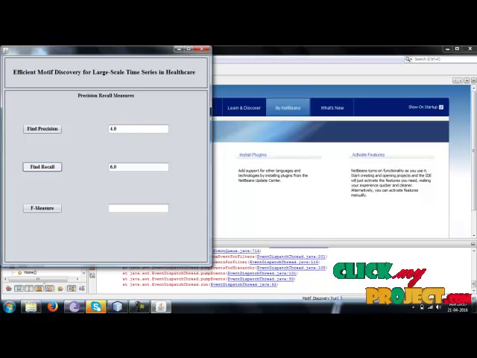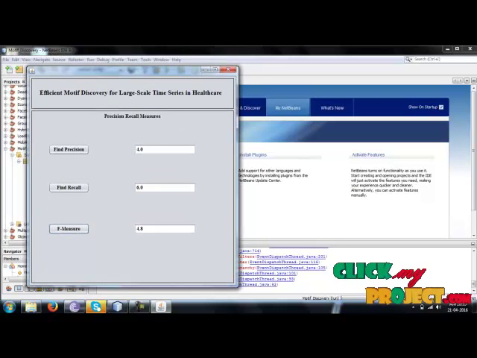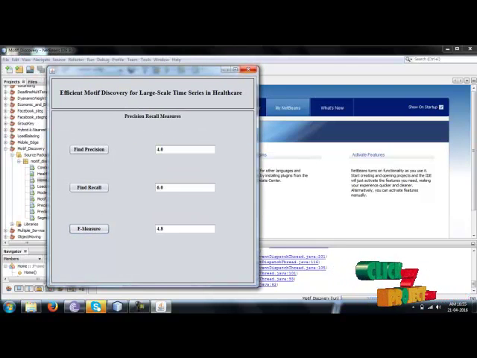The result is 6.0. Then find the F measure. The F measure formula is 2 times precision times recall divided by the sum of precision and recall. The F measure is 4.8. We found the results for this motif discovery for healthcare, and close the program.